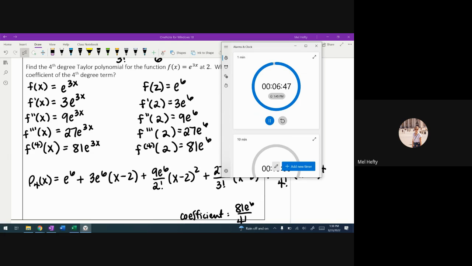So the first one's very much like the first question we did on the very back page, or like the one we did on the front page where you're just plugging in the derivative.